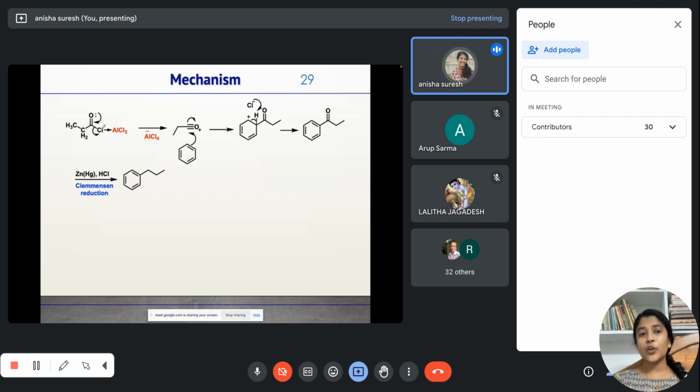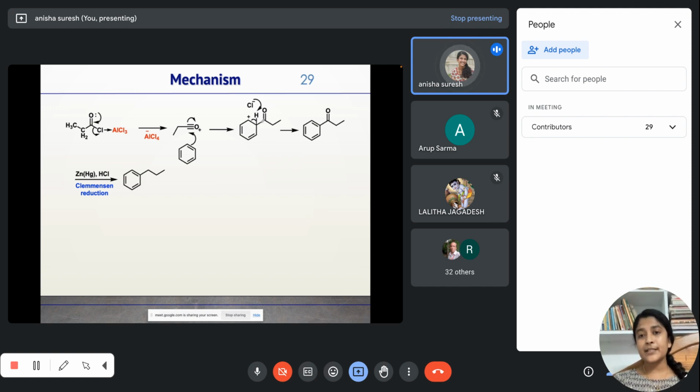Then this lone pair of oxygen will migrate in this fashion and AlCl4 will be removed, resulting in the formation of this intermediate. So the benzene ring will go and attack this carbon of this intermediate acylium ion, and this positive charge on oxygen will be neutralized. It will result in the formation of this intermediate.